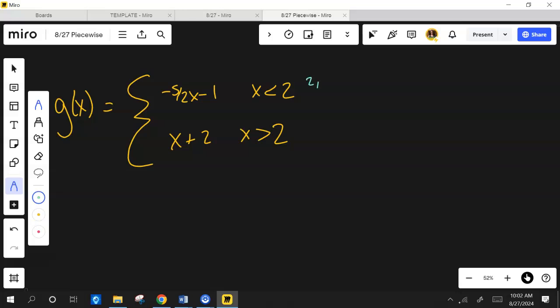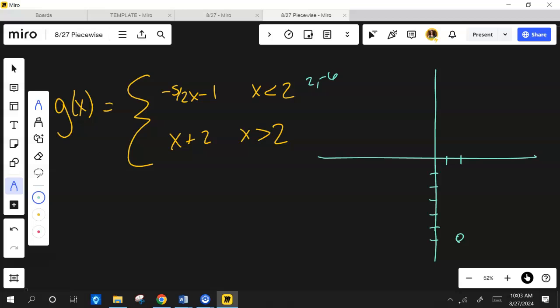If I plug in 2, what do I get? Negative 6. I agree. Positive 2, negative 6, open dot.